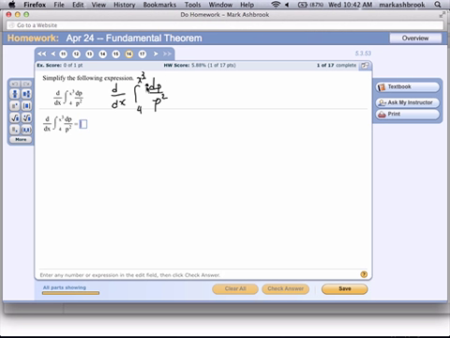David, what does that mean, dp over p squared? Okay, we can rewrite it. And then what does that mean then? What does that expression mean? 1 over p squared times dp.